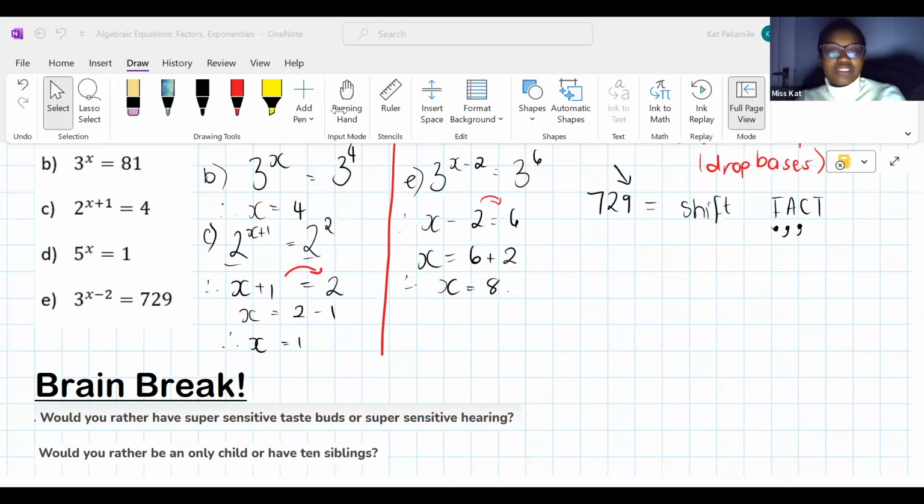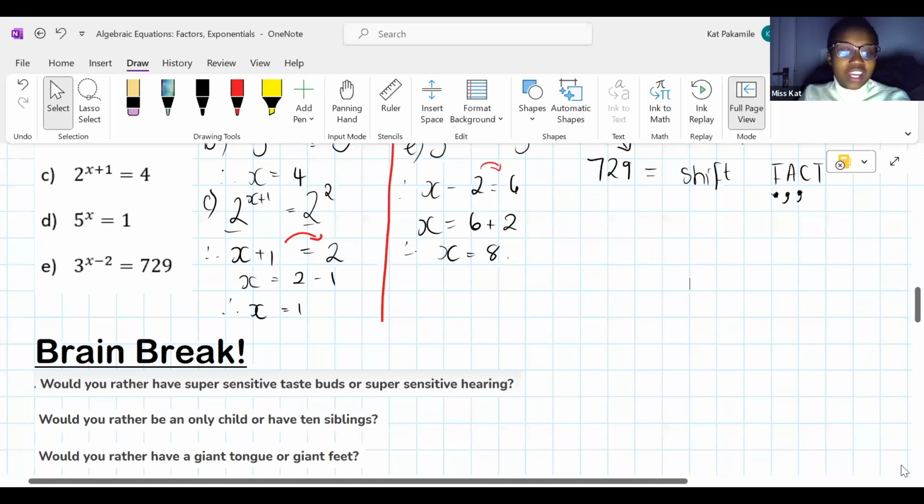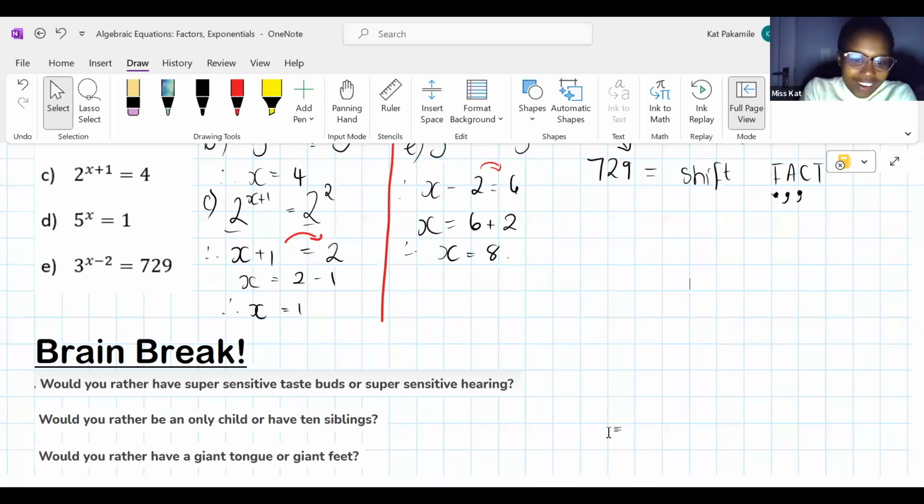Oh my goodness. Guys are stressing me. I can't believe this. Let's hear. Okay, would you rather have a giant tongue or giant feet? I don't know where these come from, guys. I don't come up with these questions. They say it's like giant feet. How will you run when we are running away from dogs?